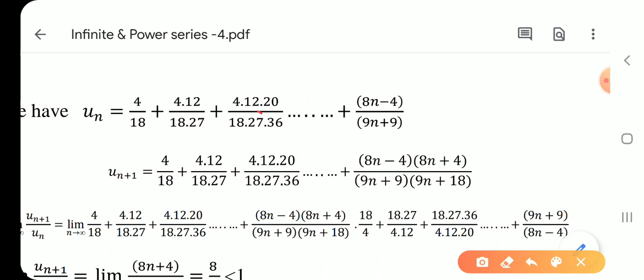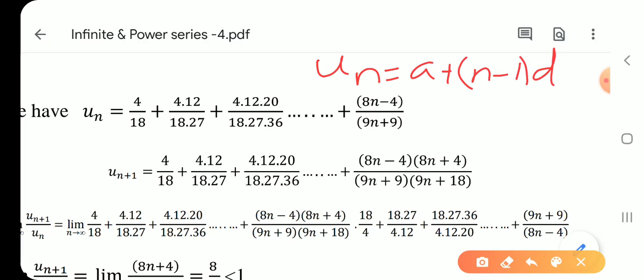So if you see the terms here, the common difference would be 8 in the numerator, and if you see the denominator, common difference is 9. So apply the nth term of the sequence, that is un is equal to a plus n minus 1 into d.